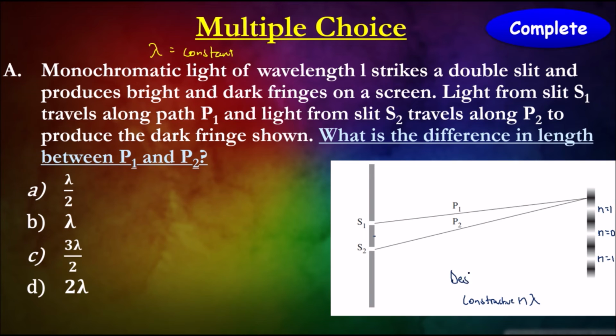For destructive, it's n minus half lambda. So this next band that we have here is N2, which means in between N2 and N1, the path difference produced is 1.5 lambda, or 3/2 lambda. So the answer in this case is C.